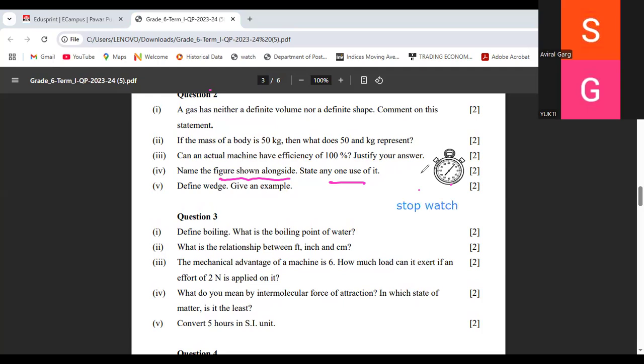Now, please give any one use of it. So the use mentioned in your book is: a stopwatch is used to measure time intervals accurately up to 0.01 seconds. Okay?